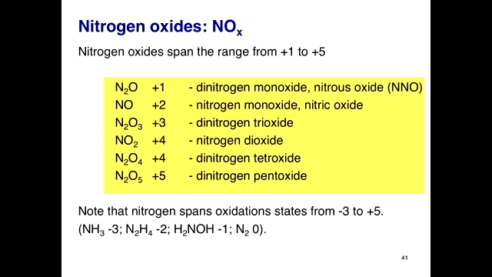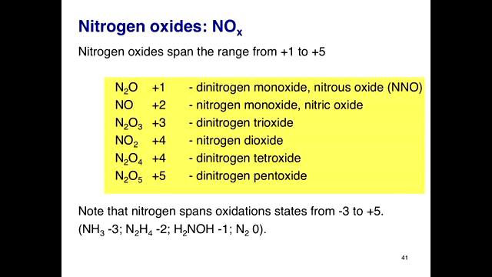Dinitrogen trioxide, we don't hear so much about that, it's not that common. NO2, this is a real problem. If it's a very still day in Melbourne, often you'll see this brown haze over the city, and that's due to NO2. NO2 has an unpaired electron, that gives it its colour, and that's environmentally a very nasty material.